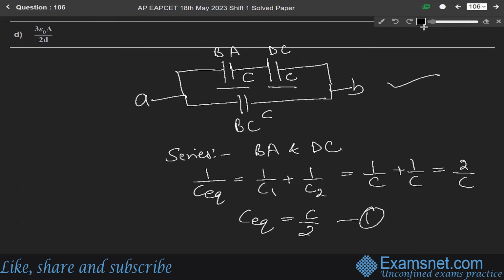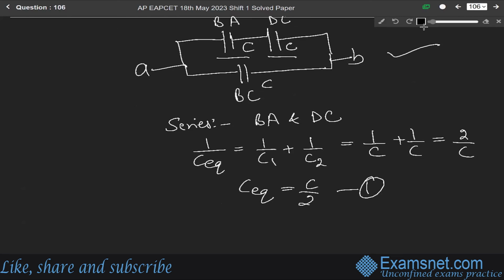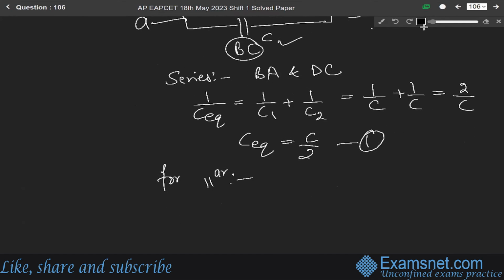Let us say this is equation 1. And for BC, it is C. Their C equivalent and this BC are connected in parallel. So for parallel, we know that the capacitance C equals C1 plus C2. So just add them.